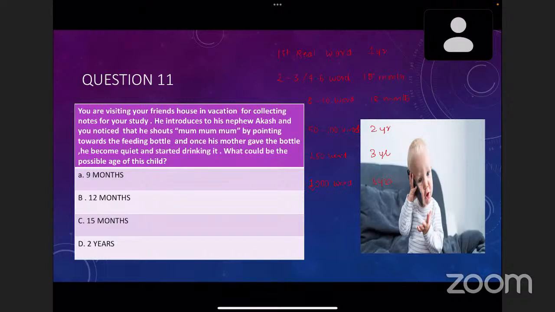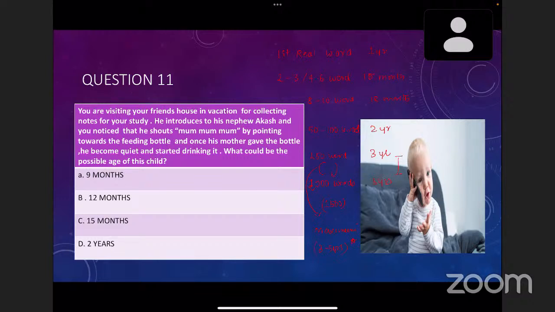So within the span of 2 years, the child is able to pronounce the phonology, and nearly 1,500 words can be spoken. So the maximum language development in any child is acquired between which years? Between 3 to 5 years.